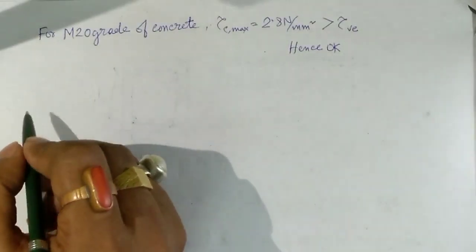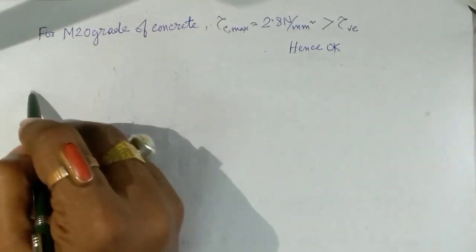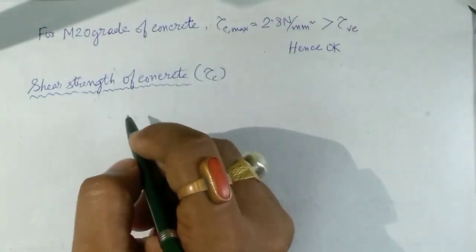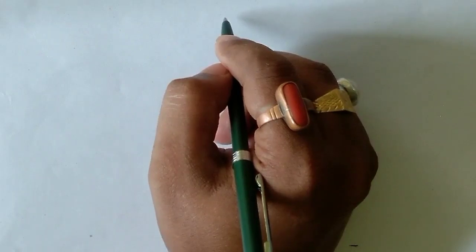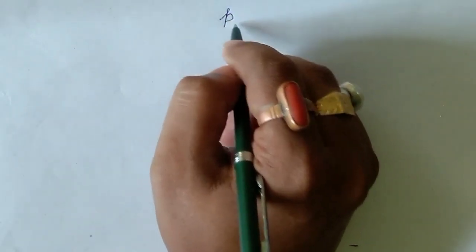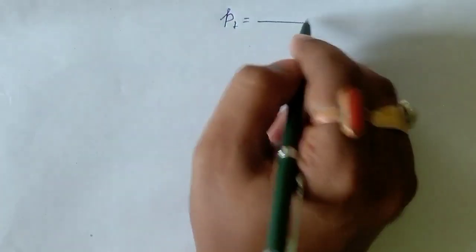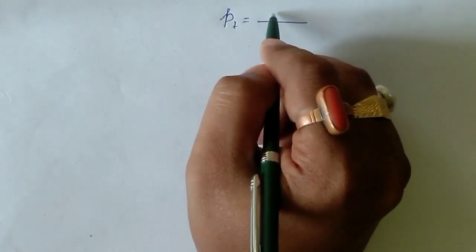Next, we have to calculate the shear strength of concrete. Now we have to first calculate the percentage of steel for the longitudinal reinforcement.